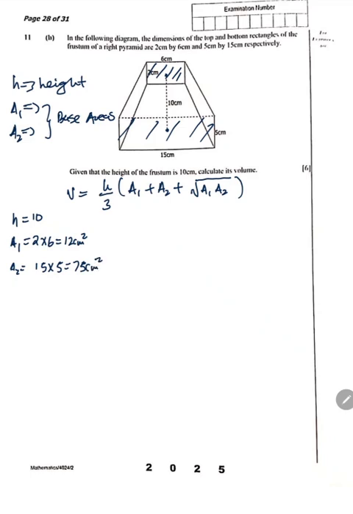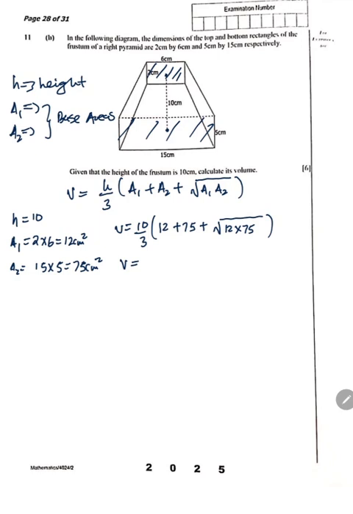Then all we need to do now is substitute them in the formula. Volume is equal to h of the frustum, which is 10, over 3, multiplied by A1, which is 12, plus A2, which is 75, plus the square root of A1 times A2, so 12 multiplied by 75.